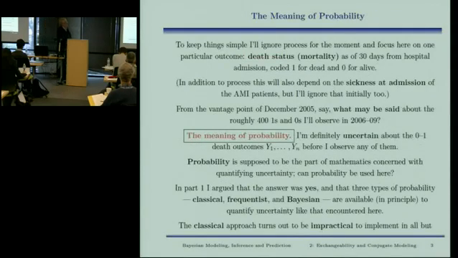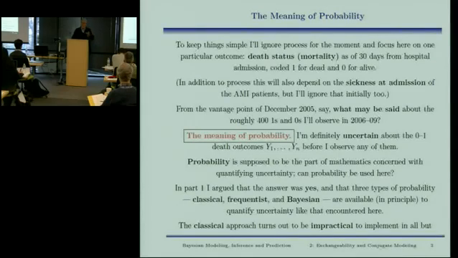And so to keep things simple, I'm going to ignore process for the moment and focus just on that one outcome. Death status or mortality, 1 for being dead within 30 days of admission, and 0 otherwise. If you focus on mortality without saying how long the time window is, then obviously everybody dies, right? So you have to pick a time window, and it needs to be relatively short in relation to when they were admitted.